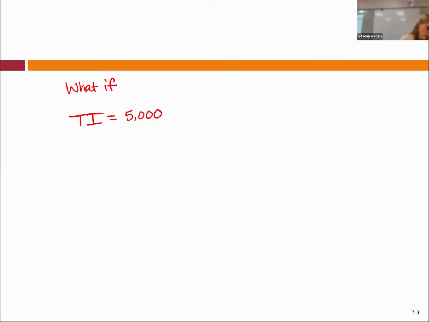And you do a calculation and net unearned income equals 5,600. What would we do then?